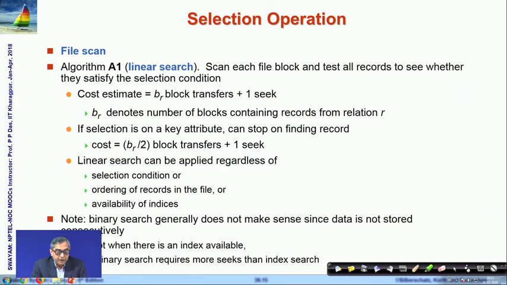The advantage of this is that it can be applied irrespective of the condition, the ordering of the records, whether or not an index is available, and so on. So, this could be the fallback in any case.